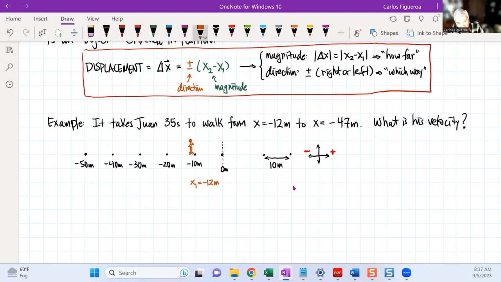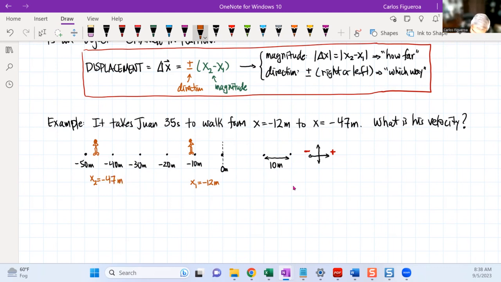Now he's going to start to walk, and he's going to walk all the way to minus 47 meters. So if he stops at 47 meters, he's going to roughly stop right there. So then I'm going to say that x2 is minus 47 meters.